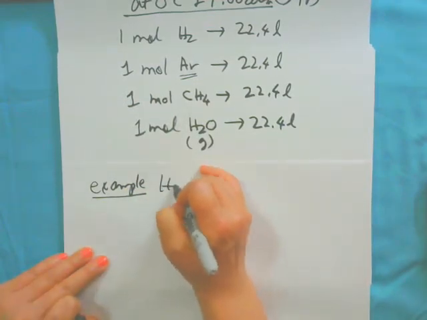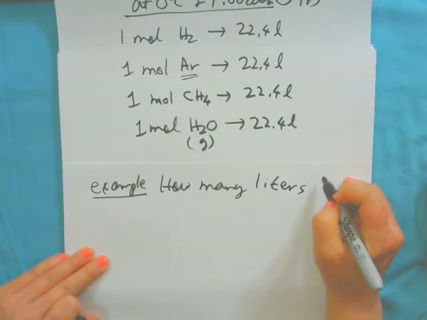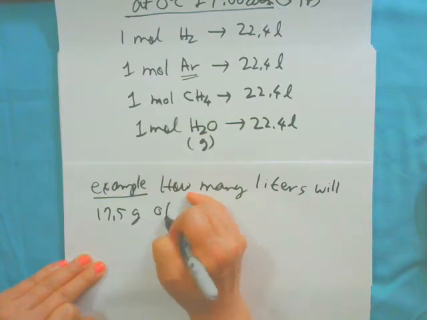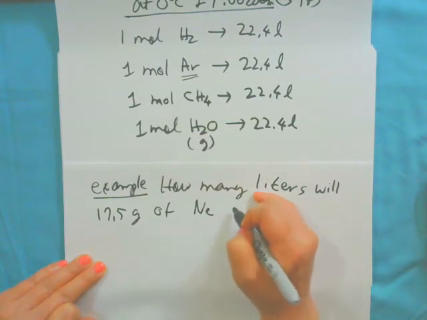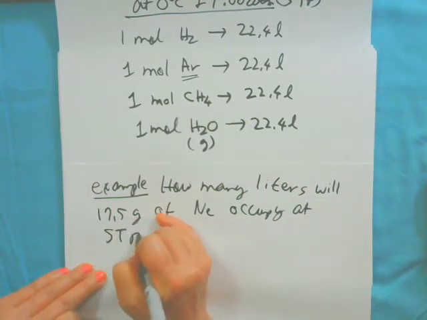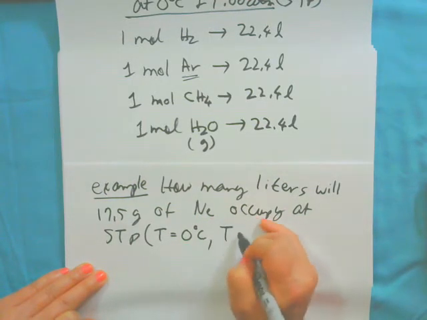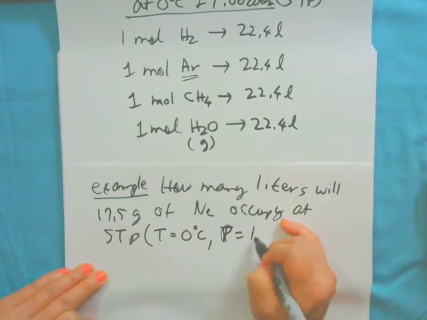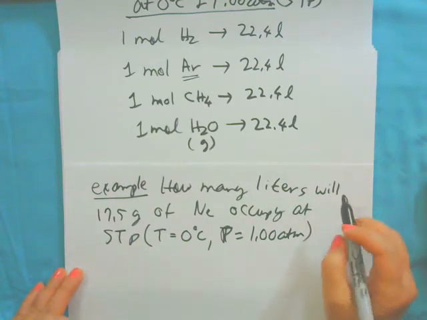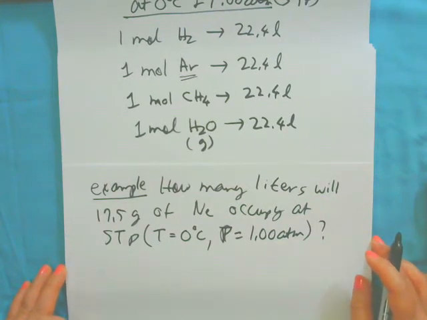The question asks, how many liters will 17.5 grams of the element neon occupy at STP, where STP temperature is 0 degrees Celsius and pressure is equal to 1 atmosphere. Okay, so that's the question. How many liters will 17.5 grams of neon occupy at STP?